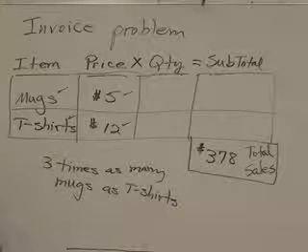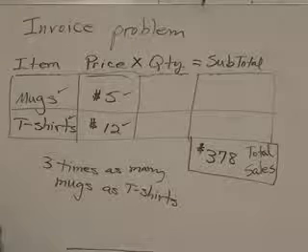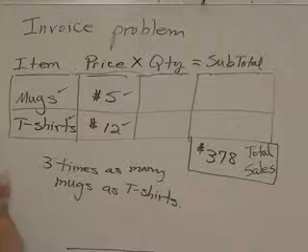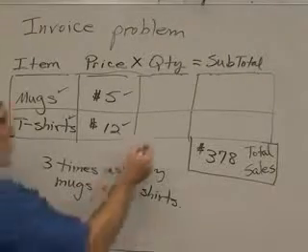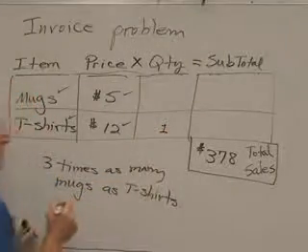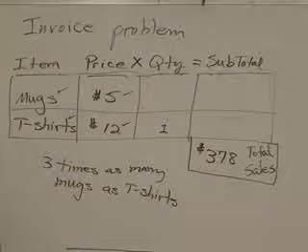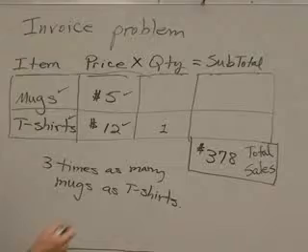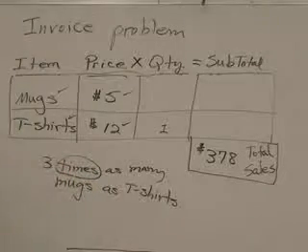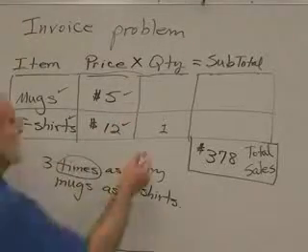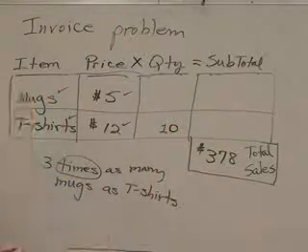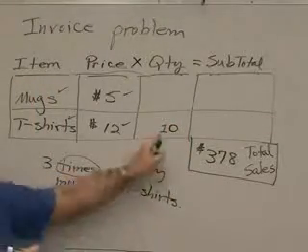She sold more mugs, didn't she? 3 times as many as the t-shirts. What if we knew that she only sold 1 t-shirt? How would we figure out how many mugs? 1 times 3. We multiply, because times means multiply, doesn't it? What if we knew she sold 10 t-shirts? We multiply by 3, and that would give us the mugs, wouldn't it?